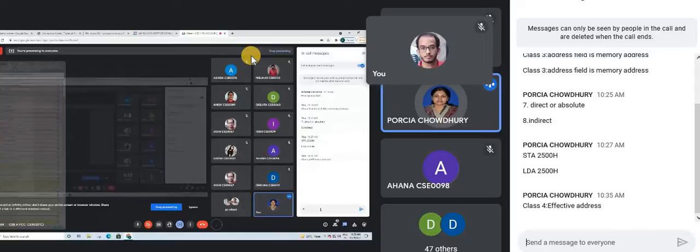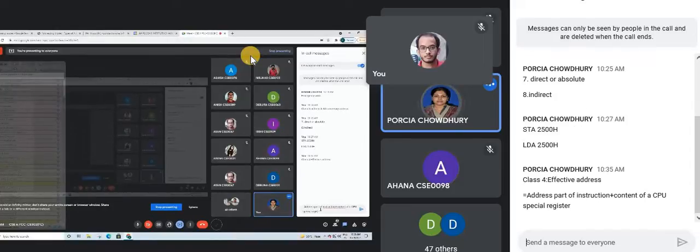Over here in class 4, effective address is equal to the address part of the instruction plus the content of a CPU special register. Okay, that is for class 4.